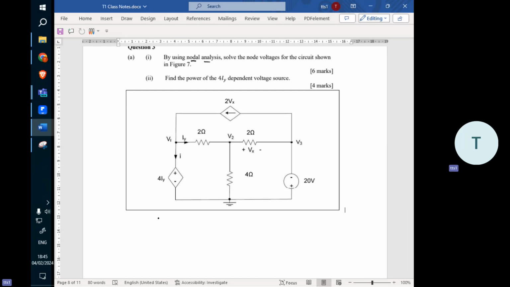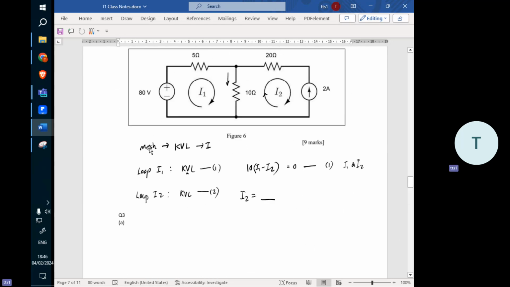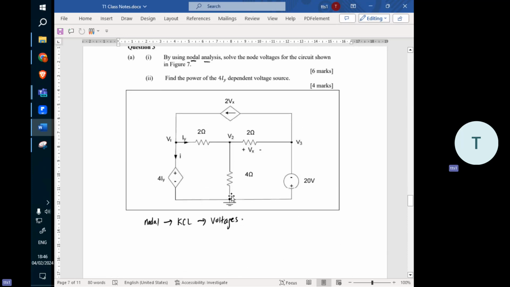Just now, in mesh analysis, remember, mesh is KVL to find current. Nodal analysis uses KCL, Kirchhoff's current law, to find voltages.